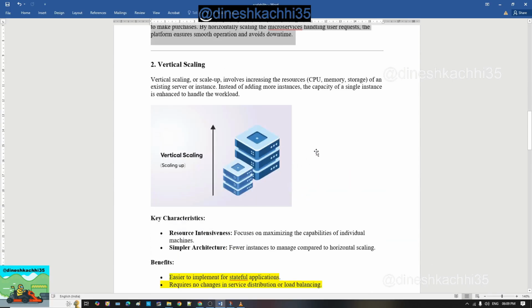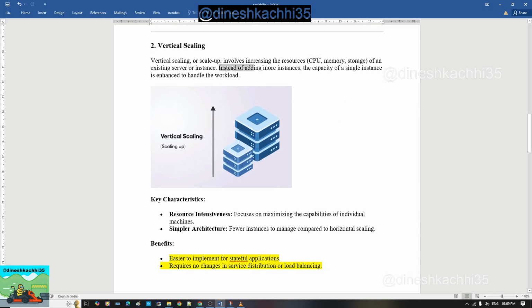So let's see the definition. It involves increasing the resources, CPU, memory, and storage, of an existing server or instance. In this case, we are not adding any instance. Whatever existing instance we have, we are increasing or decreasing the resources like CPU, memory, or storage.